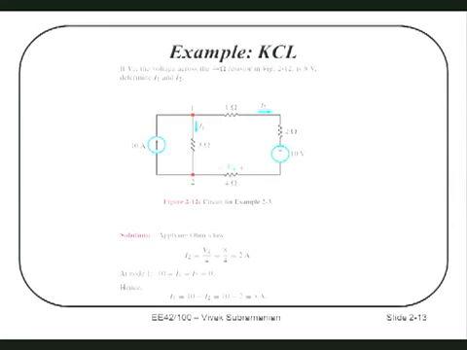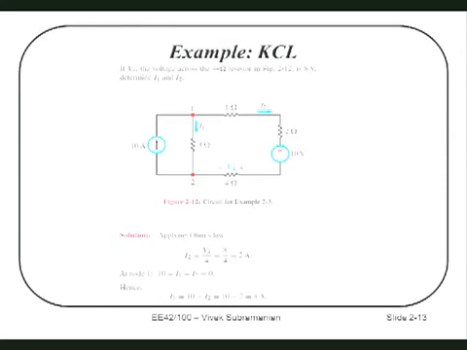So let's start. For arbitrary reasons, I'm going to pick this resistor, the 4 ohm resistor. The voltage across that resistor I will call V4. I'm giving you that as a fact. Okay, that's the voltage across it.